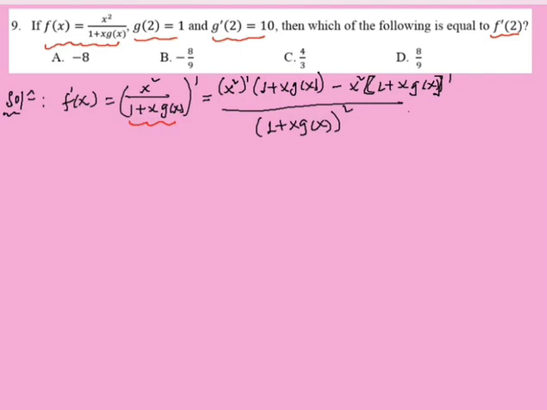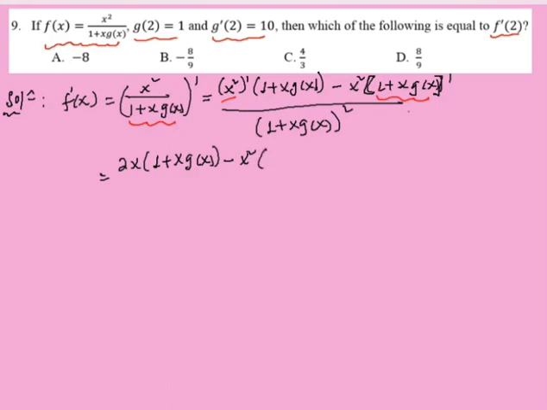So here the derivative of x squared is 2x, so we can write this as 2x into 1 plus x g of x minus x squared into the derivative of this one. The derivative of 1 will be 0, right? The derivative of 1 will be 0.